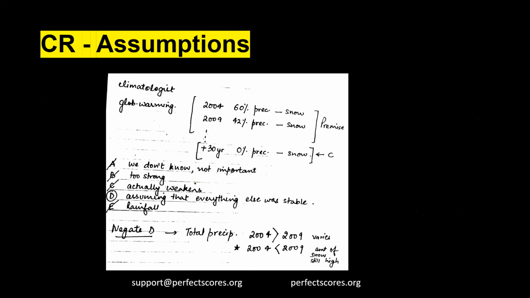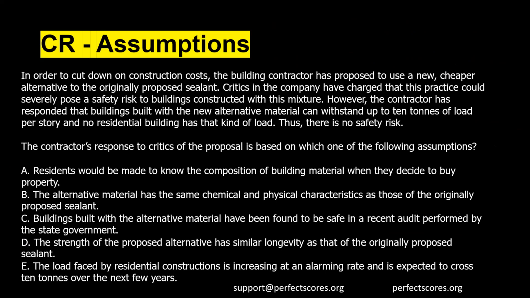We've eliminated options A, B, C, and E for these strong reasons. D is basically saying that you're assuming everything else was the same, which is fine. We don't have a lot of time in today's class, but I'll still give you a couple of questions to solve, and you get 2 minutes for this question.